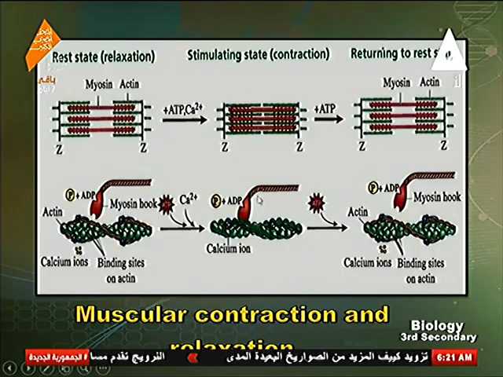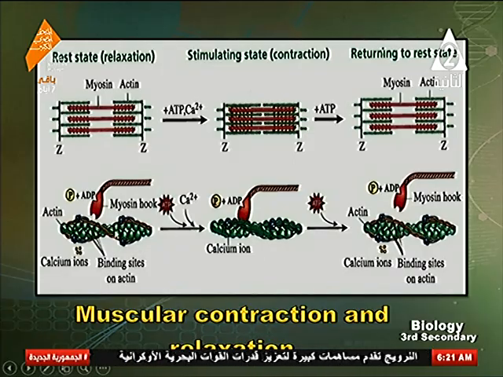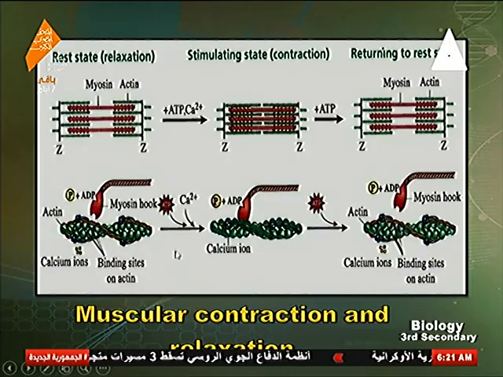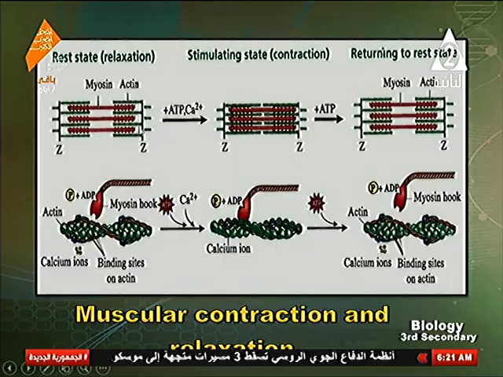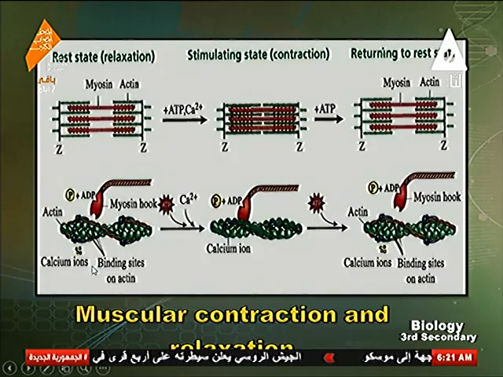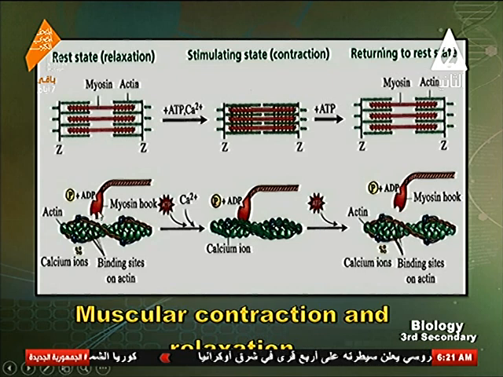There is a transverse link extended from the myosin filaments to attach with the actin filaments. Okay, this is the actin filaments and this is the myosin filaments. There is a transverse link from myosin filaments to actin filaments with the help of calcium ions and ATP.